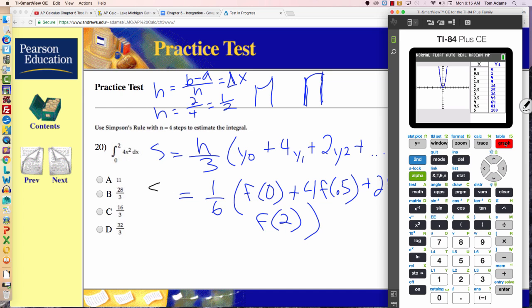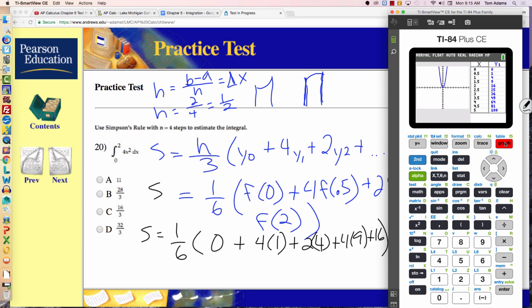And now I'm going to say that s is equal to 1 over 6 times the quantity f evaluated at 0, which is 0, plus 4 times f evaluated at 0.5, which is 1, plus 2 times f evaluated at 1, which is 4, plus 4 times the quantity 9, because that's what it is evaluated at 1.5, and then lastly evaluated at 2, which is just 16.